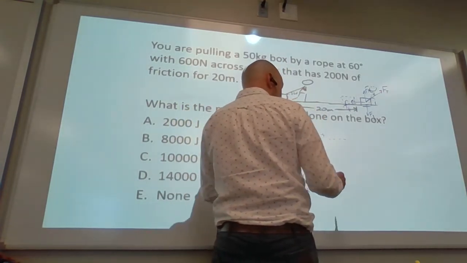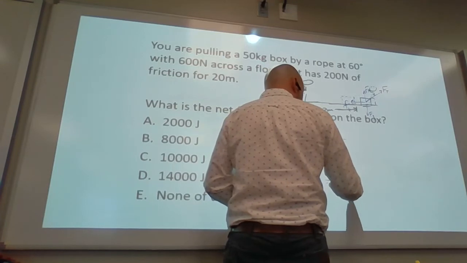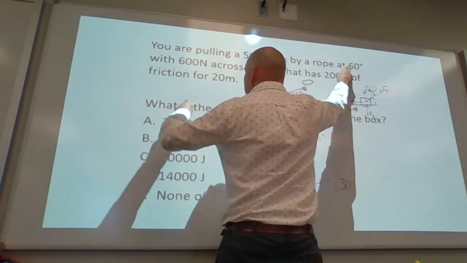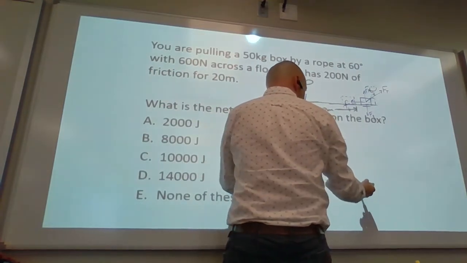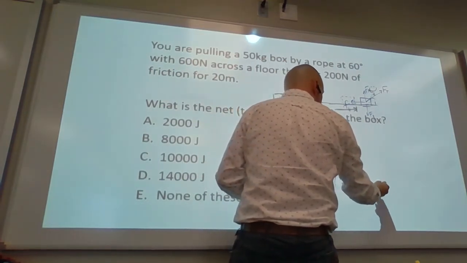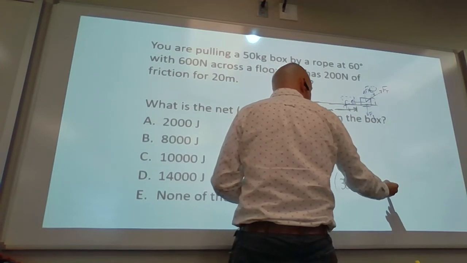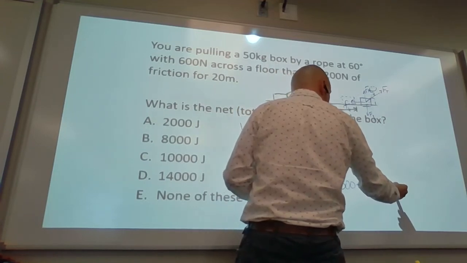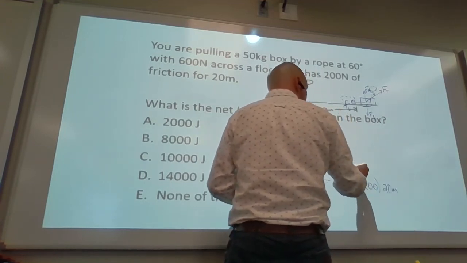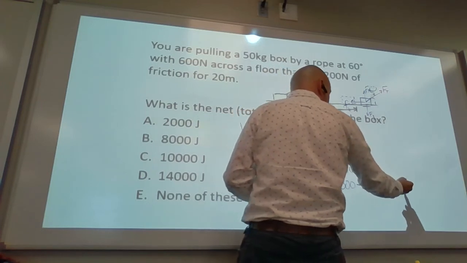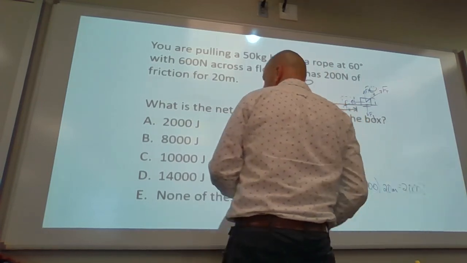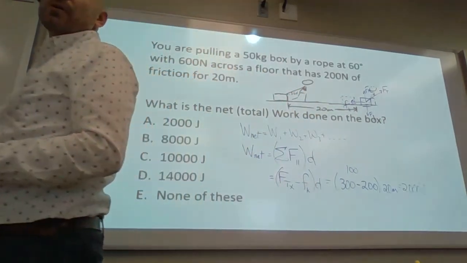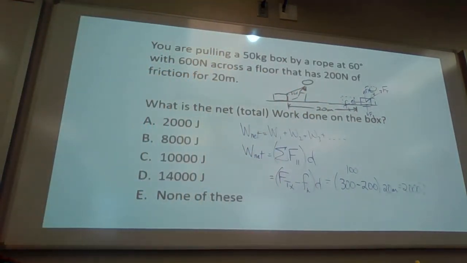Force of tension in the x direction, we concluded, was cosine of 60, 1/2 times 600 is 300, minus friction, 200 newtons, times a distance of 20 meters. So this is 100 newtons times 20 gives us, wait a minute. That's what we got for the other one.